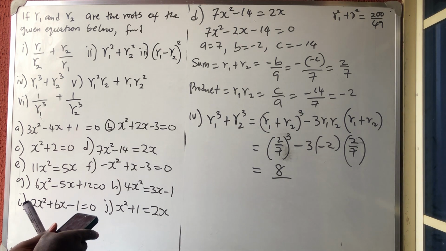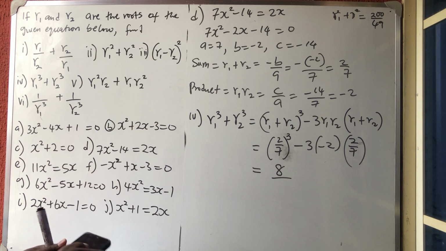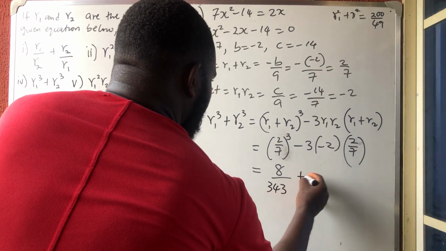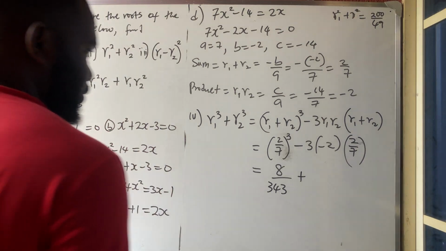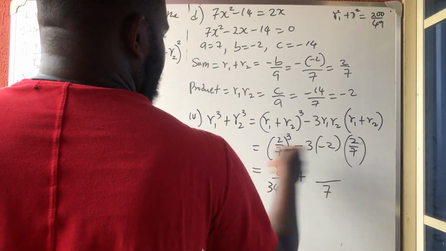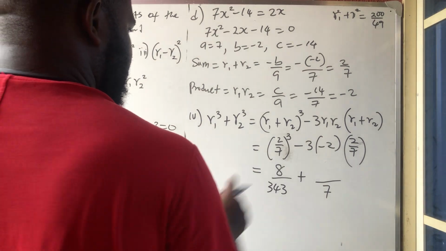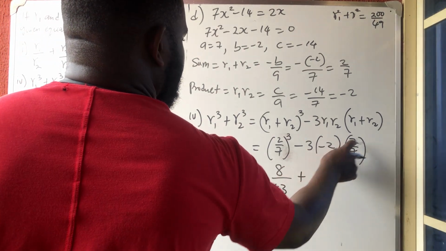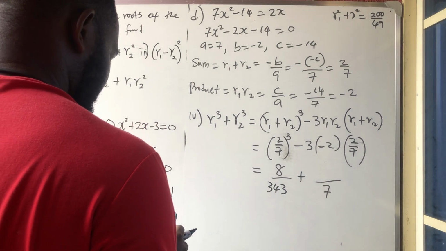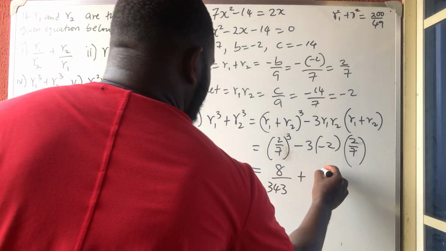That is 7 times 7 times 7, that is 343. 343 plus... so the denominator is already 7, so minus minus is plus, so 3 times 2 is 6, 6 times 2 times 2 times 3, that is 12, so I'm having 12 here.